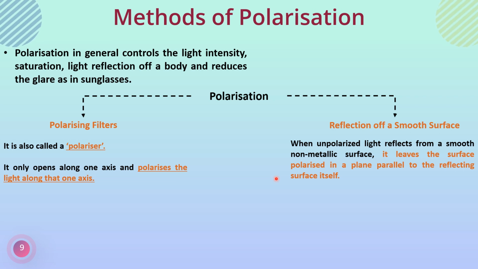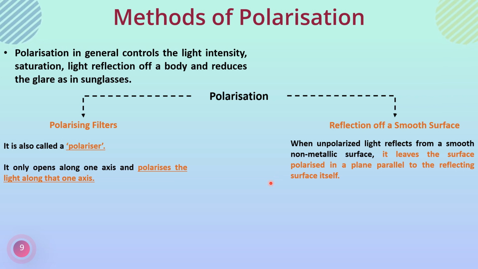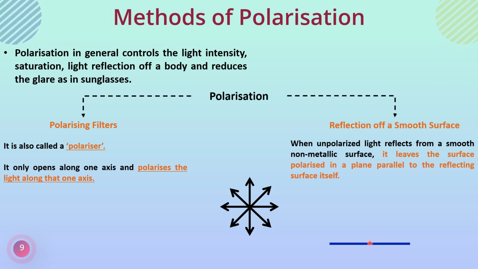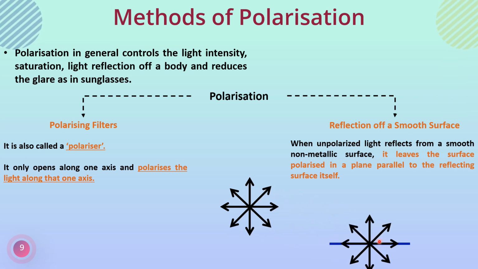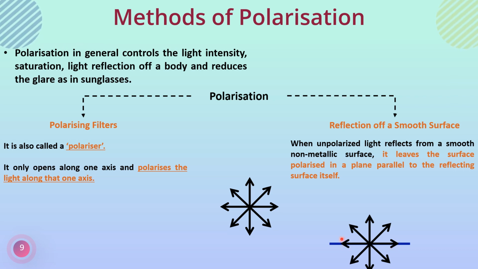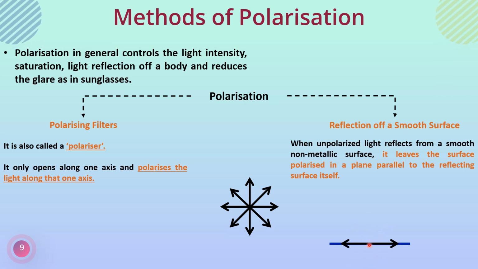It is polarized because of the water surface. If the water surface is horizontal, as in this example, I'm expecting that when the light comes here, the only one that will reflect will be this horizontal one. The others will be blocked, but the horizontal one is the only one which will be reflected back.